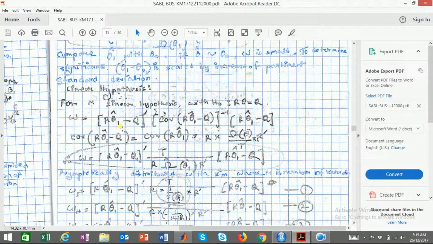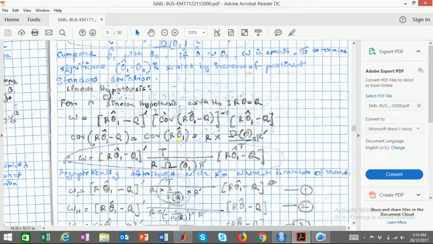The Wald statistic is R theta 1 hat minus q transpose, times the inverse of the covariance of R theta 1 hat minus q, which can be written as the covariance of R theta 1 hat only, because q equals 0 for a linear hypothesis. There is no theta 1 here, so q equals 0.